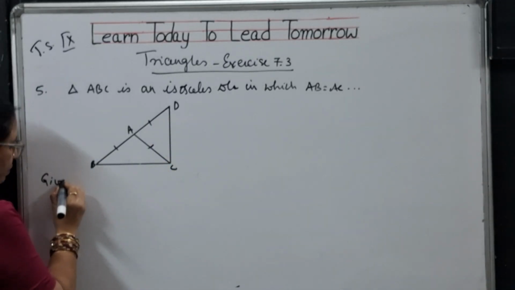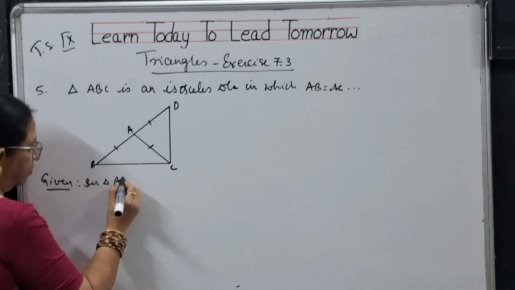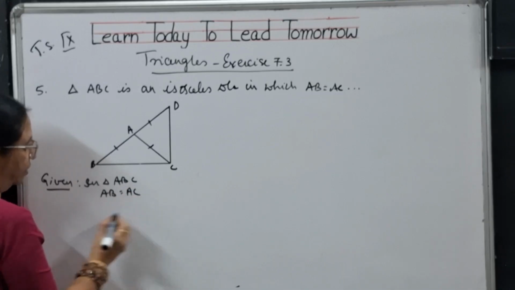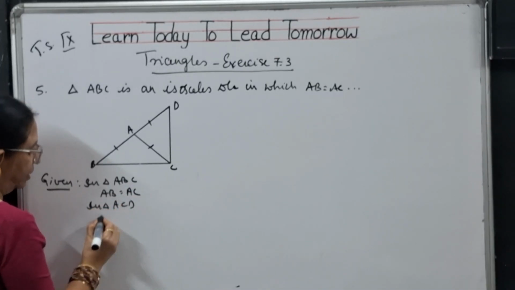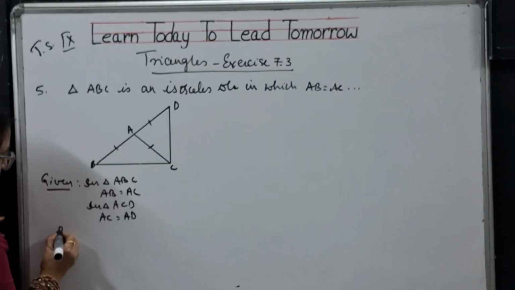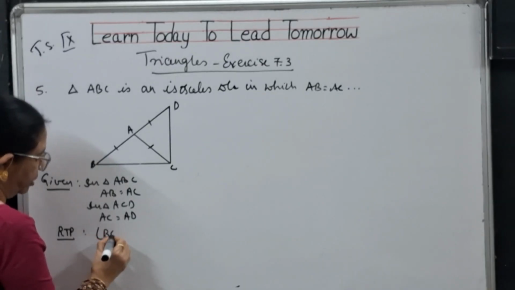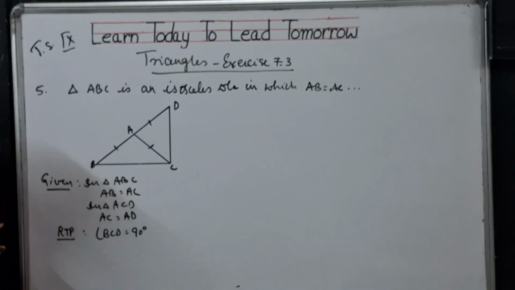So what is given to us? In triangle ABC, AB is equal to AC and in triangle ACD, AC is equal to AD. This is given to us. And what is RTP? We need to prove that angle BCD is equal to 90 degrees.